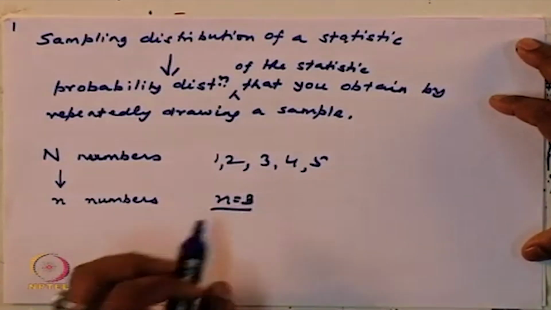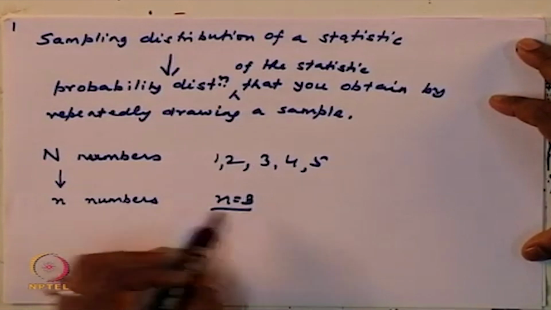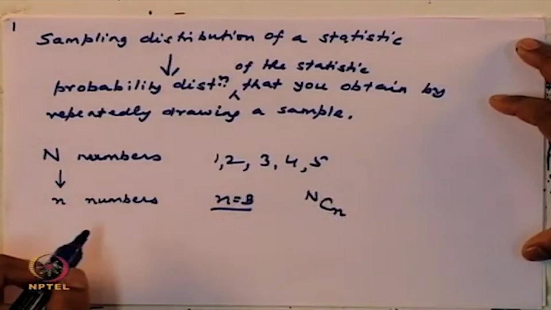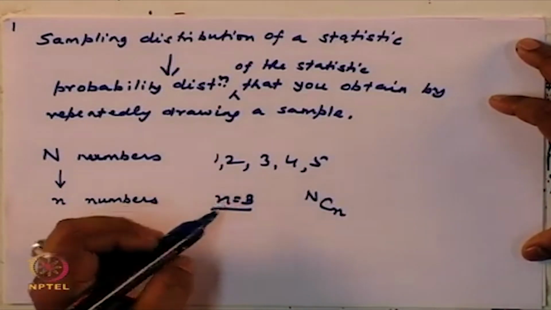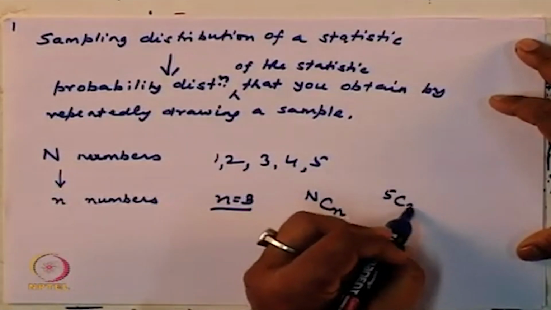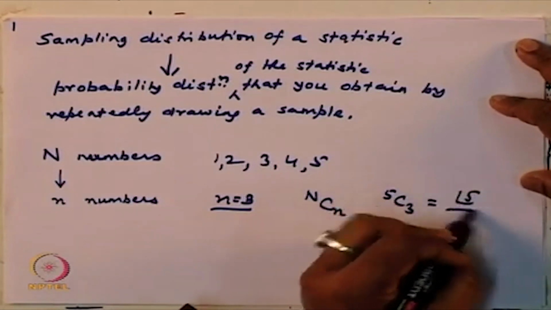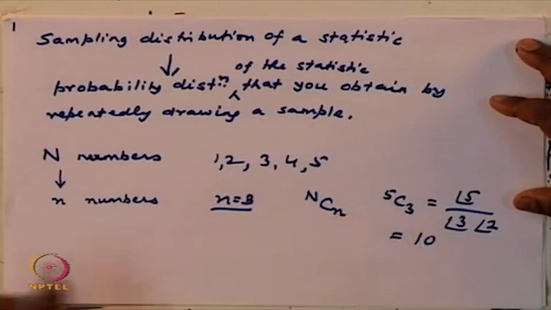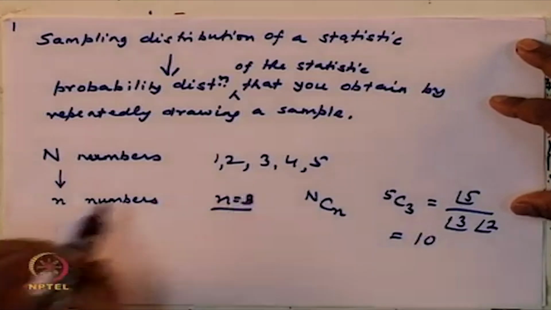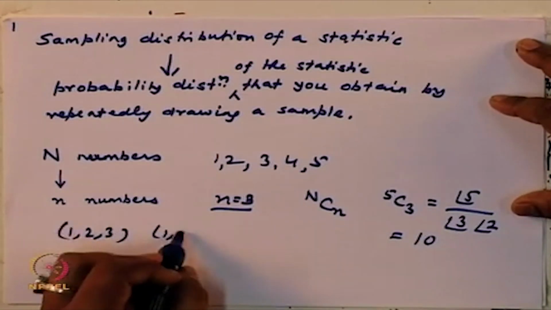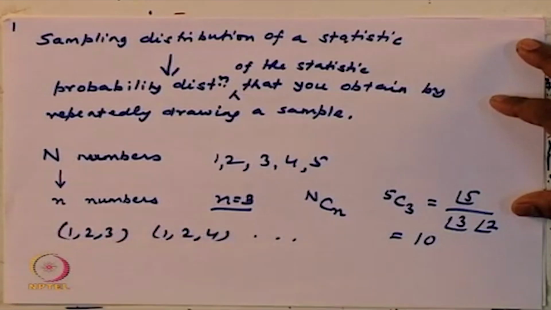In how many ways can I draw 3 numbers from 5? It is 5 c 3, which is factorial 5 by factorial 3 factorial 2, equal to 10. So, there are 10 ways of drawing a sample of 3, and one example is 1 2 3 or 1 2 4, and so on.